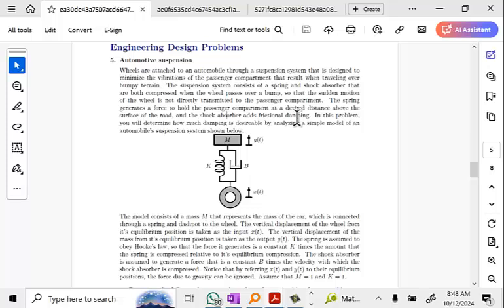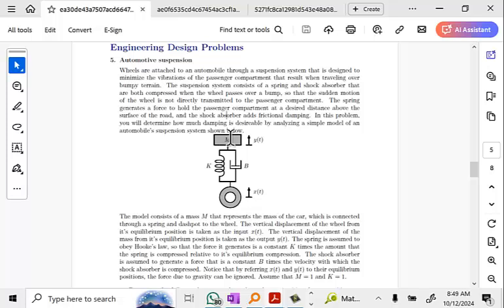When you pass over a bump, there are springs in your car, and the springs are adjusted so that the car does not bounce back and forth when it passes over the bump, and it doesn't just rigidly feel the entire bump, but it cushions the bump. So that means adjusting the strength of the spring, and there's also something called a dash pot there that does some damping. So let me explain this diagram.